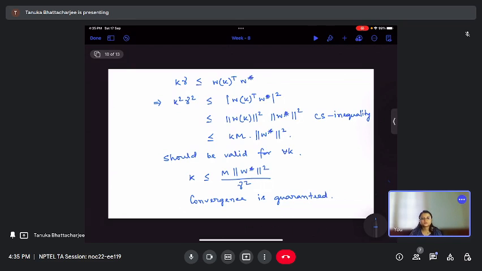Okay. If anyone has any doubt, you can put it up. Otherwise, I will move on to the next problem. I hope this is clear to everyone, how you can show that convergence is of course guaranteed for perceptron criteria if you have linearly separable classes.